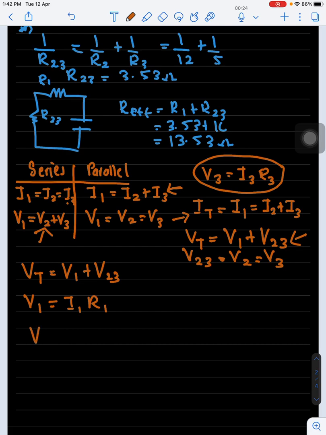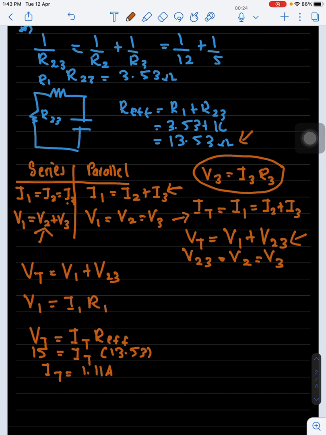So V total equals I total R effective. V total is 15 volt. I total we need to find, R effective from this one is 13.53. So I total is going to be 1.11 ampere.